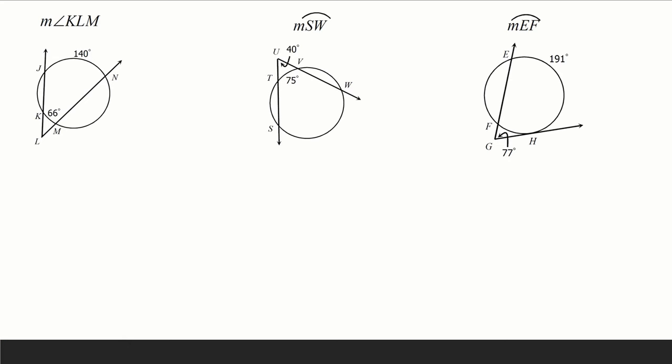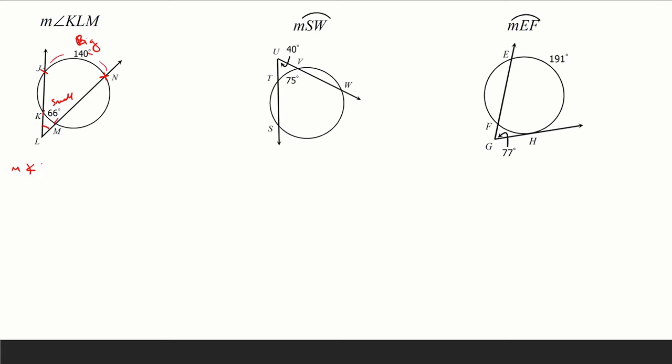So here's some practice problems. Looking at the first problem, it says the measurement of angle KLM is what we're looking for. The first thing we're going to do is identify our big arc and our small arc. So here is our big arc, and here is our small arc. To find the measurement of angle KLM, we are simply going to set it up exactly how we had.